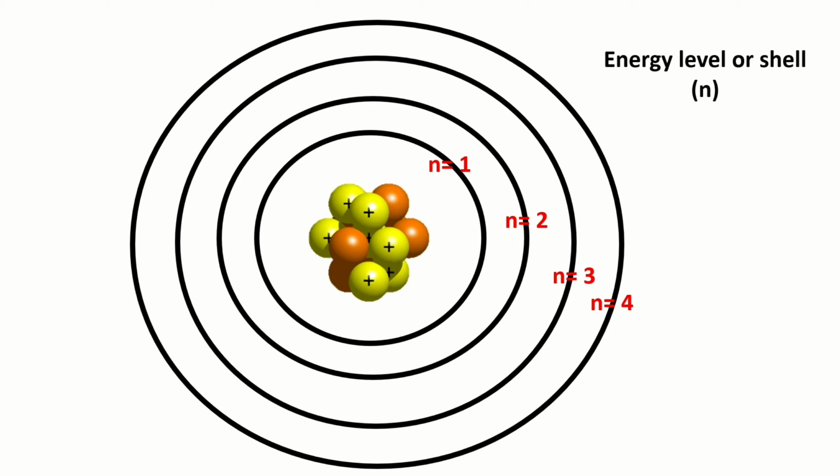The farther the energy level from the nucleus of the atom, the higher the energy. So the highest energy here in our diagram is energy level 4 or the fourth energy level. You can see the arrangement of the electrons in each orbital.